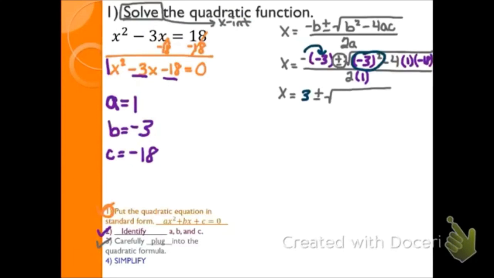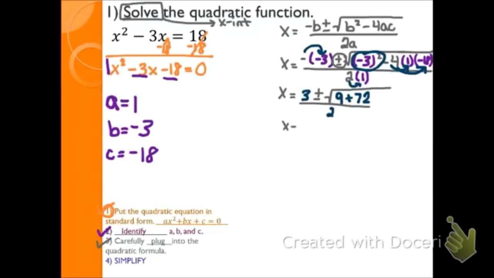That means negative 3 times negative 3, which makes a positive 9. Now I'm going to multiply negative 4 times 1, which is negative 4, times a negative 18, which makes that a positive 72, all over 2 times 1, which is 2. So we've simplified it a little bit. Now we're going to continue this.